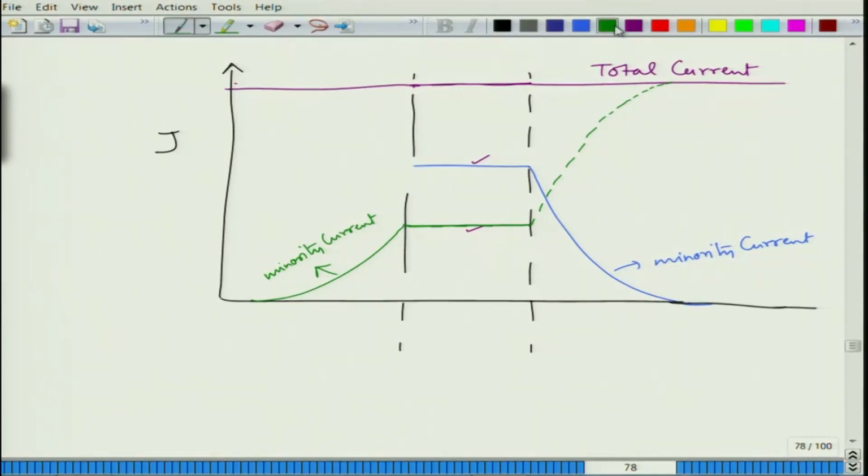This is the majority carrier current, because this is now in the n side.